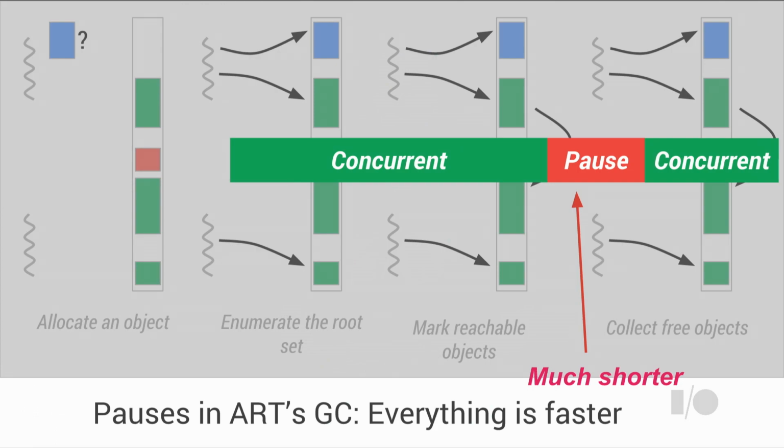So this checkpointing, as it gets called, gets done first, and the garbage collector waits for that, and then it enters the concurrent phase that we had before in the Dalvik CMS scheme, where we go and mark all of the objects. Then we have the second pause, and we've managed to make this pause a lot shorter than the Dalvik pause. We've done this by tricks like card pre-cleaning, where we take work out of the pause and do it ahead of it, and then we just double check that what we did before the pause was correct.